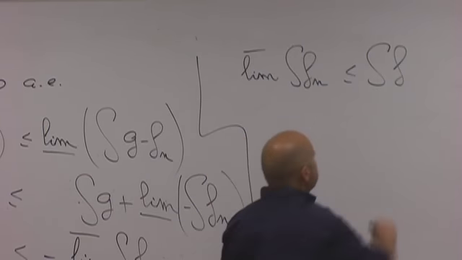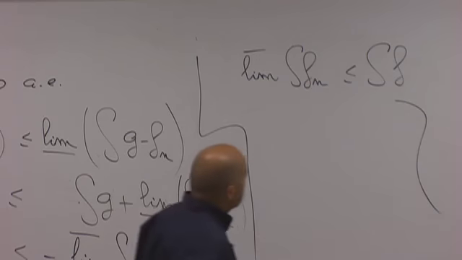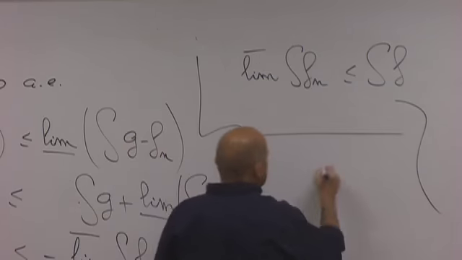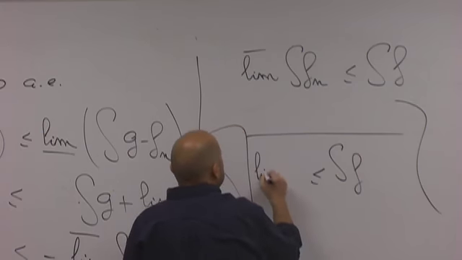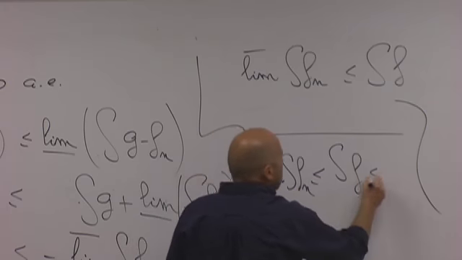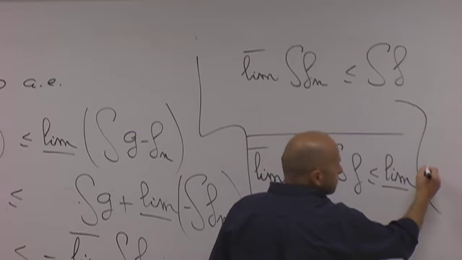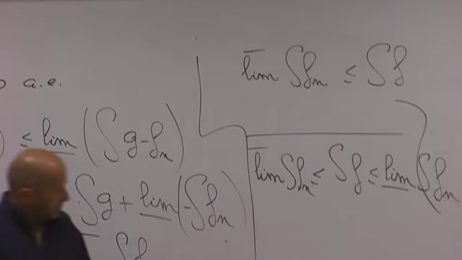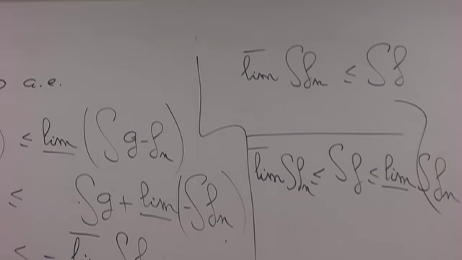And now we need to compare this guy to this one. So we can rewrite the double inequality by saying that the integral of f is squeezed between the lim sup and the lim inf. We put the two together and that's what we get.